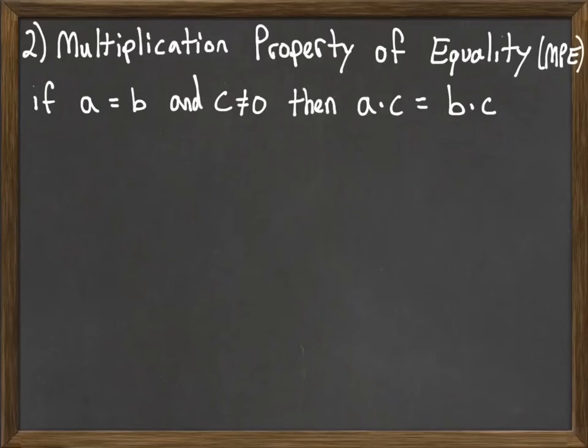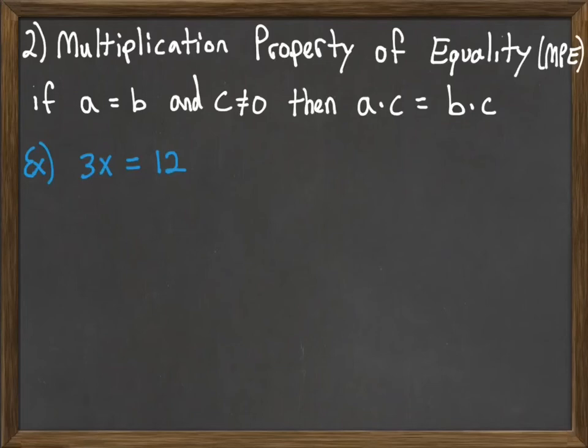To see the multiplication property in action, consider the equation 3x equals 12. Now most of us can look at that and realize, hey, the answer is going to be 4. But again, we're looking to develop a pattern that will work for more complicated problems. And so since that 3, remember when a variable is next to a number, the operation's multiplication.